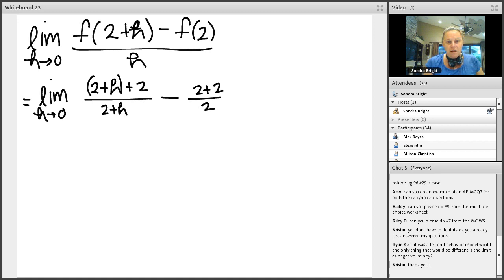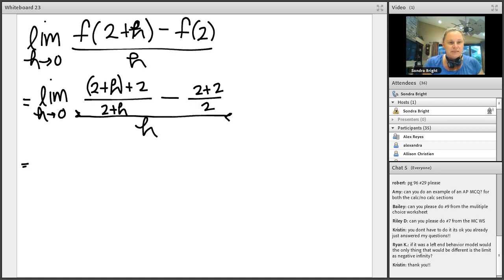And this is all over h. Let me just write that so you see it's a fraction within a fraction. Did I do that right? I plugged in 2 plus h into t on the top, and on the bottom, minus f of 2 is 2 plus 2 divided by 2. Okay, got it.